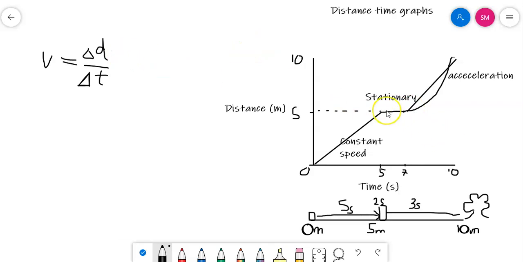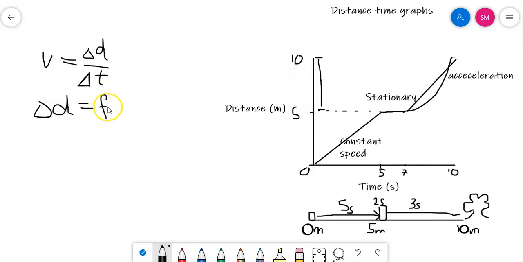Here, the change in distance equals this 10 meters where it finishes off, minus the 5 meters where it starts. We're not going to use 10 meters because that is not the change in distance, because it started at 5 meters.